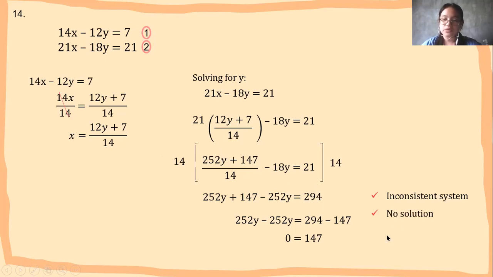So no solution. Next is independent equations. These equations are independent because they have one point in common and they do not share all solutions, because it has no solution, as I said earlier.